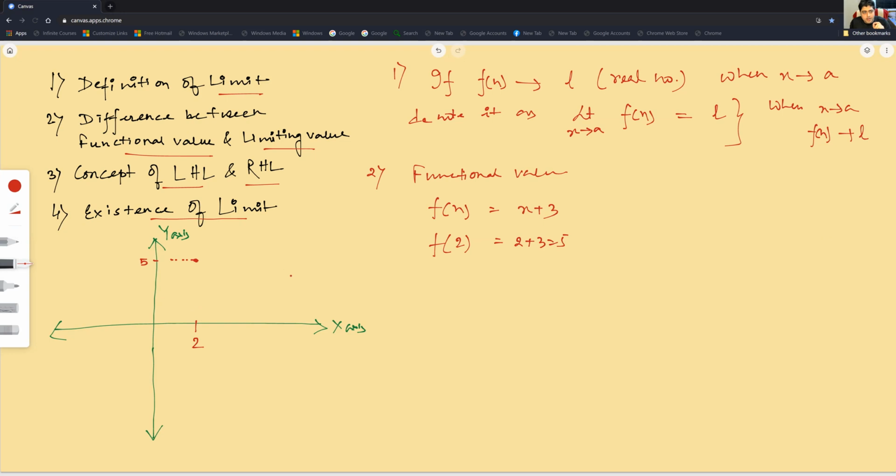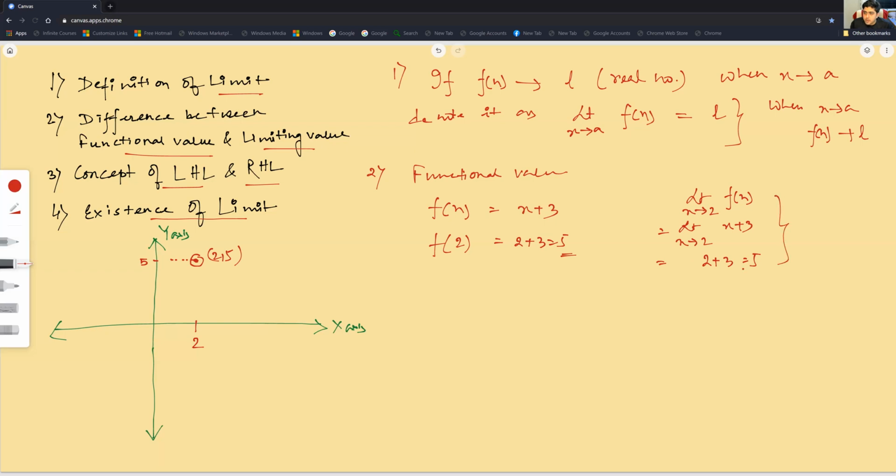So whenever you stand on the point 2, you will get a definite value of f of x, that is 5. So you can identify this is the point (2, 5), right? Now, what is the limiting value? Same function, if x tends to 2 on that function f of x, then we can also write limit x tends to 2 of x plus 3, that is 2 plus 3, that is 5.